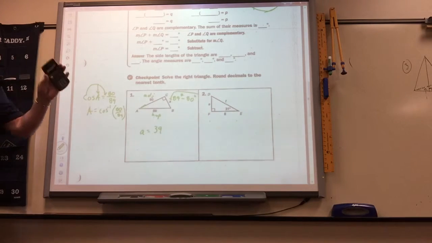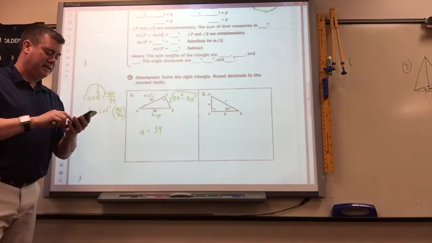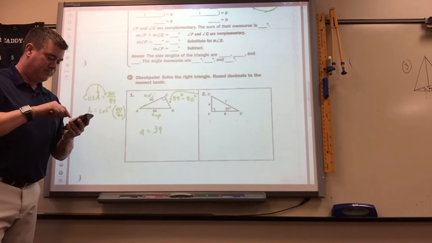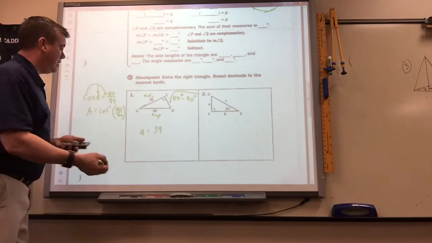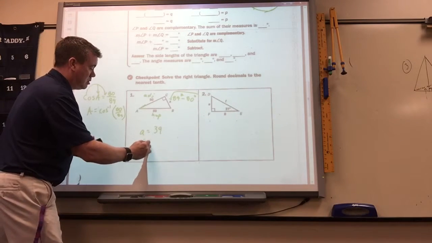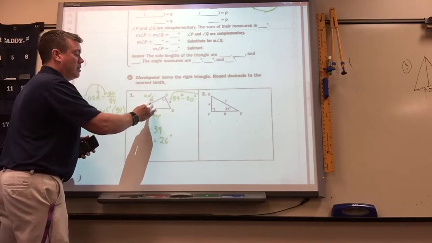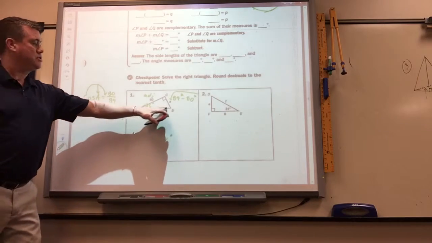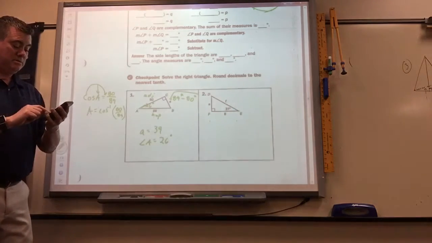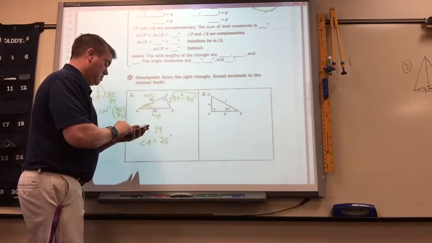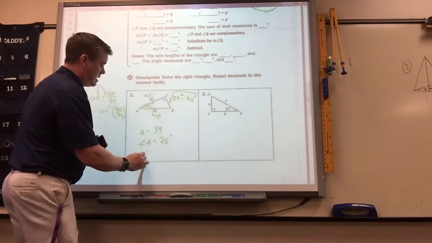So again, on these, I gotta go 80 divided by 89, press equals, and then do cosine inverse. 25.98, which would round to 26 degrees. So if that's 26, just subtract it off of 90. And you get 64 for angle B.